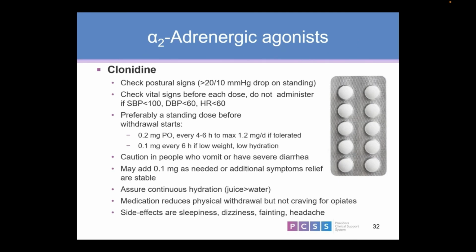So, anticholinergics, alpha-2 agonists. One thing, certainly, is that this is a blood pressure medicine also, so you want to be careful about instructing them that they could have some reduction in their blood pressure, potentially orthostatic hypotension on standing too quickly.